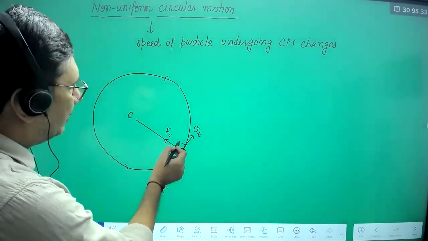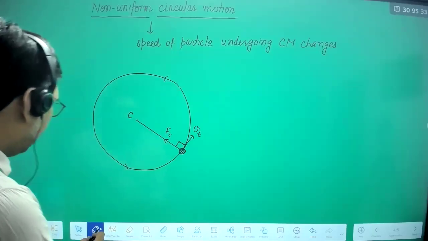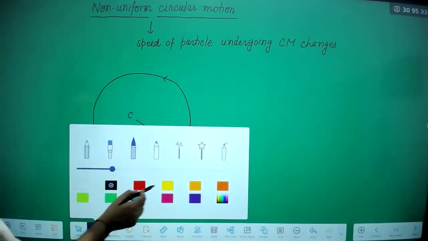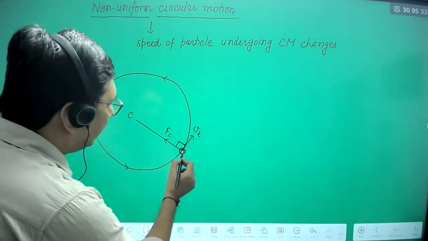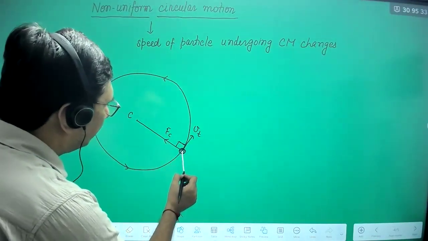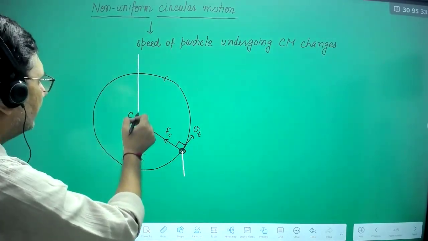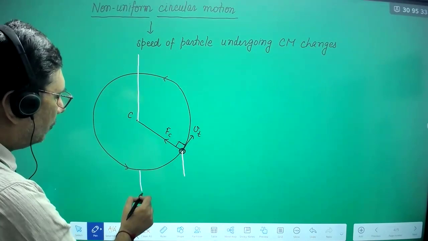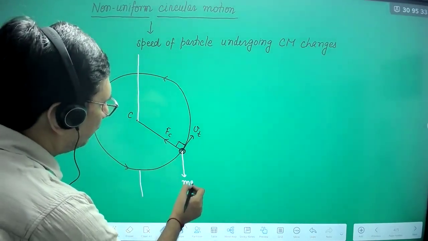So what is the angle between them? The angle between them is 90 degrees. There was a second force also, in the vertically downward direction. I'm saying this is the vertical direction, Z direction. There will be a vertically downward force, its weight.